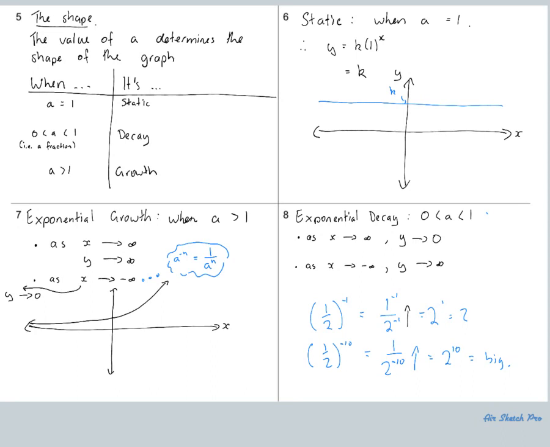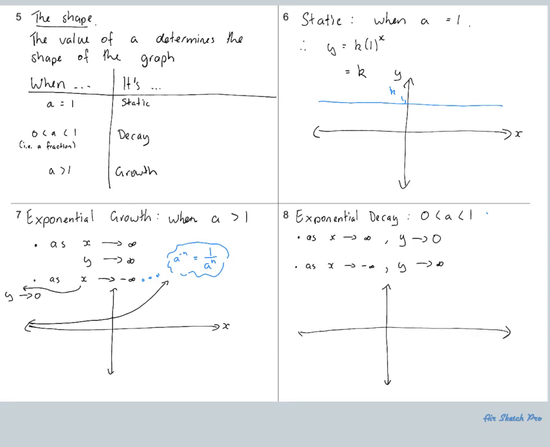Y gets bigger as x goes down the left-hand side there. So what does that mean? That means, I'll just get rid of that so I can draw the graph, the graph for a decay function, you can tell that I'm still sick, can't you? I'm even more vague than usual. It would look like this.